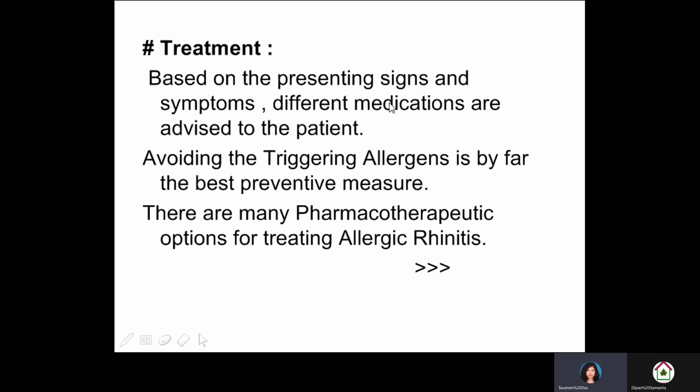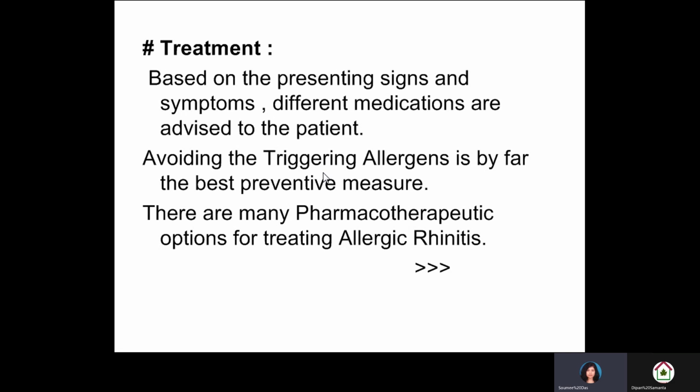Treatment: based on the presenting signs and symptoms, different medications are advised to the patient. Avoiding the triggering allergen is by far the best preventive measure. So whenever we can identify the triggering allergen, it is best to avoid that allergen to get rid of this allergic rhinitis. Okay, so that is the best preventive measure.